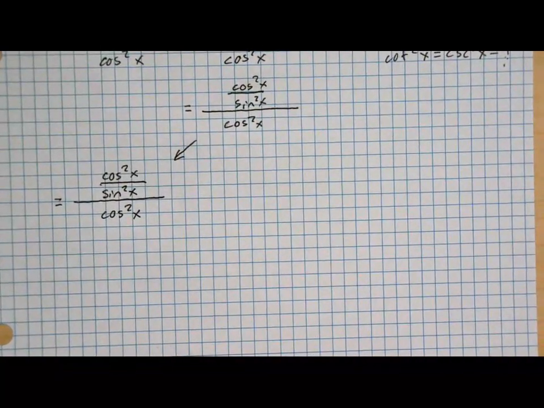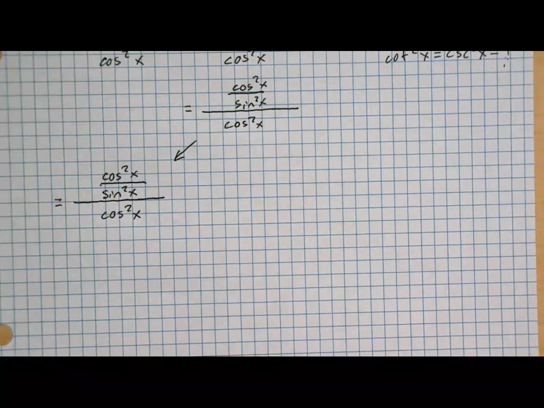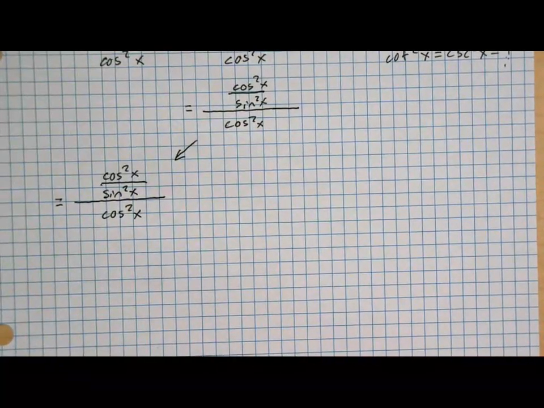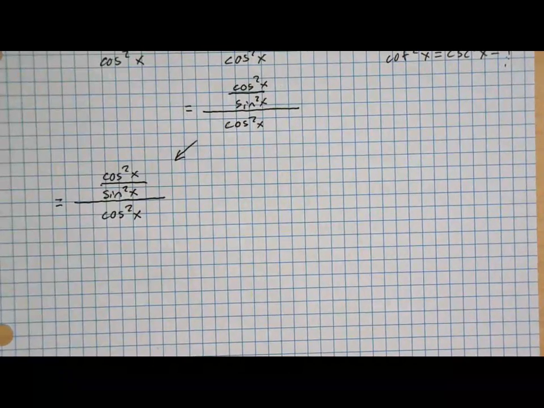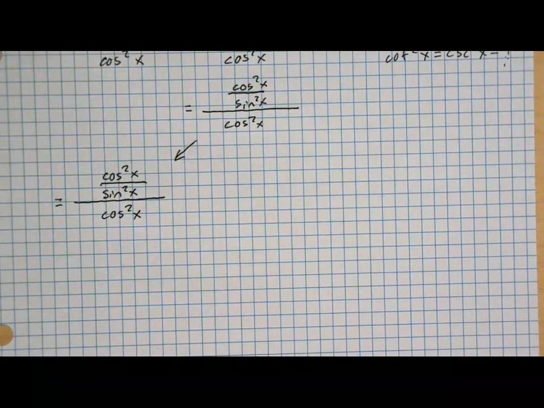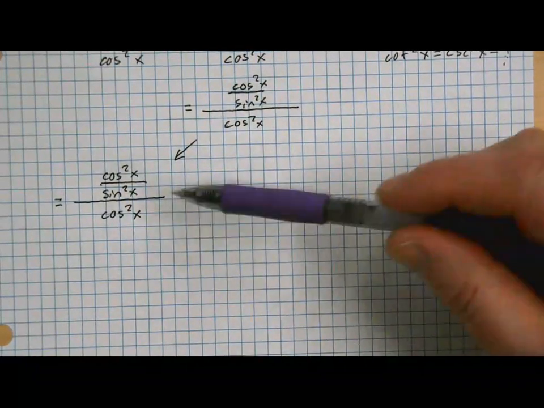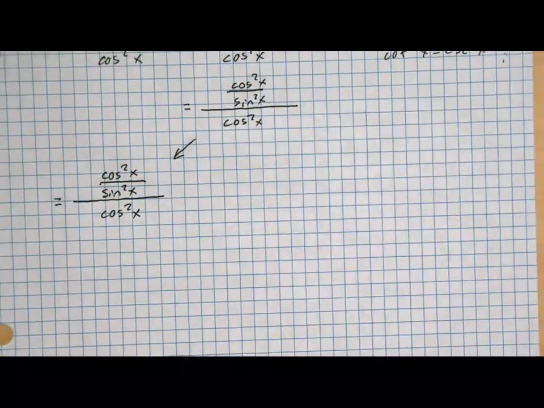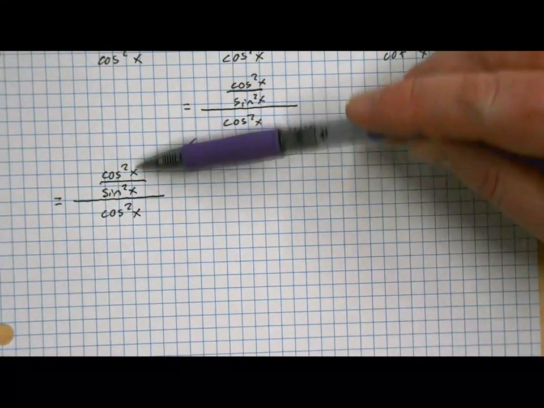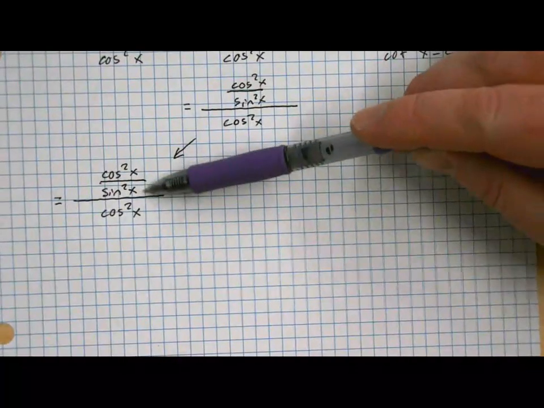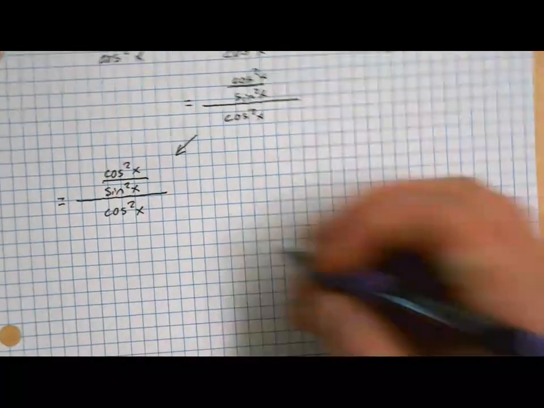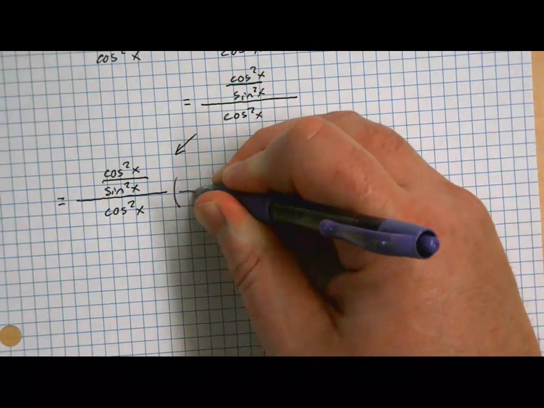All right, compound fractions. One of the ways to deal with these is to multiply by fancy ones. That's my favorite way of dealing with them. Cancel the denominators. I don't want this denominator sine squared x in there, so I know that if I multiply this whole fraction by a sine squared x, that's going to go away. So I'm going to multiply by a fancy one.